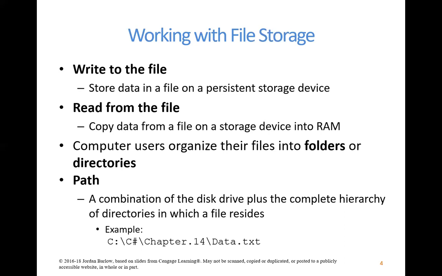We talked about paths a little bit from the very first or second chapter when we were using the developer command prompt in order to compile our files. We saw how to copy and paste a file path or a folder path. So we're going to work a little bit more with paths today because we need to reference where we want to save a file to or where we want to open a file from on our computer.